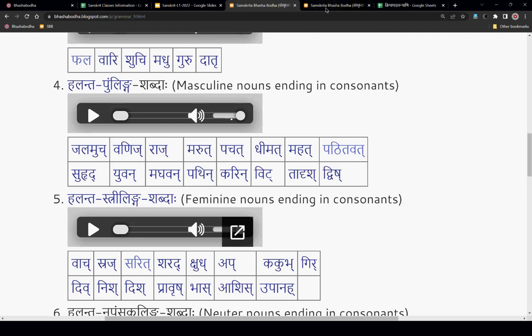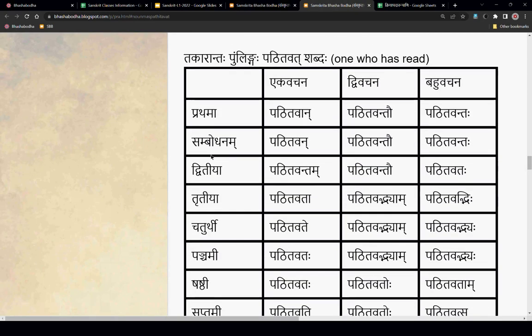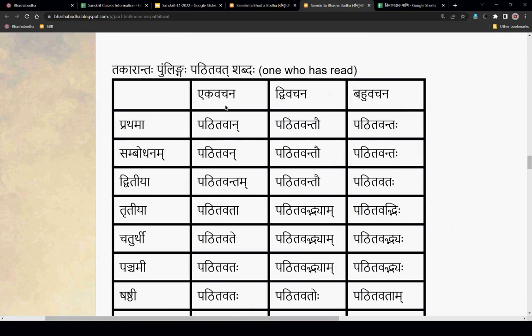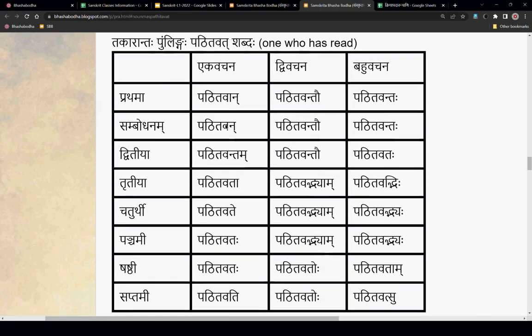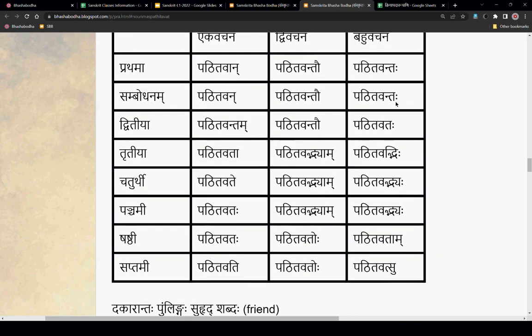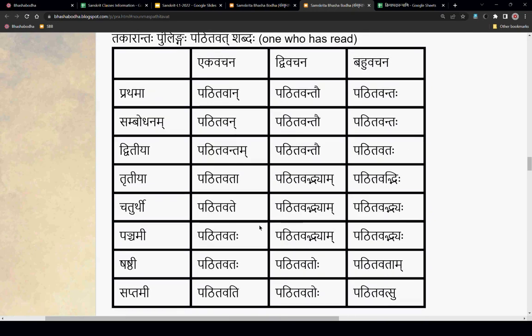So Patitavat becomes the Pratipadikam, and these are the Vibhakti Rupas, like Prathama: Patitavan, Patitavanto, Patitavantaha, Patitavantam, Patitavanto, Patitavataha, etc.